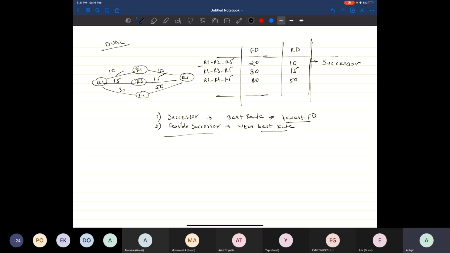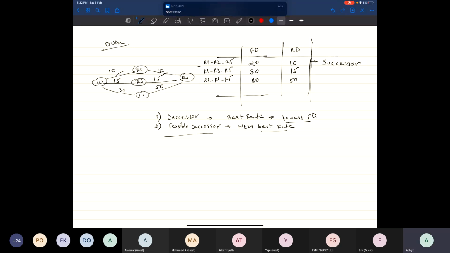And this route will then be installed into the routing table. Do you understand that? Okay. The route which has lowest FD will become successor, and that particular route will be installed into the routing table.